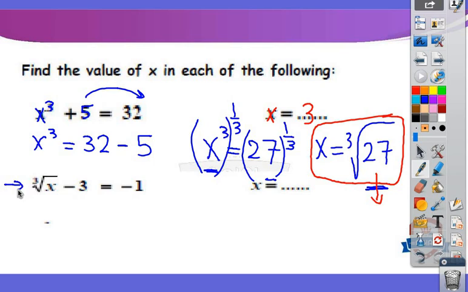Number 2, the cube root of x minus 3 equals minus 1. Here I need x. The cube root of x equals minus 1, and minus 3 on the right side will be positive 3.